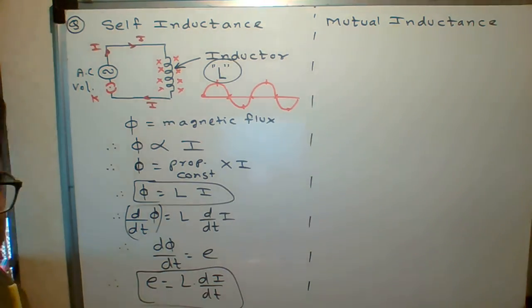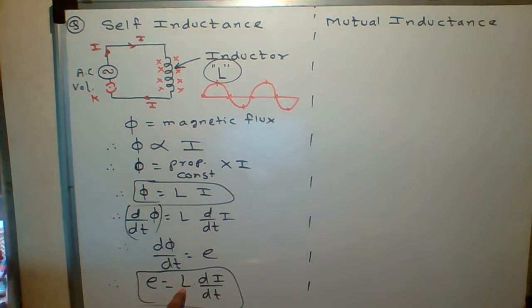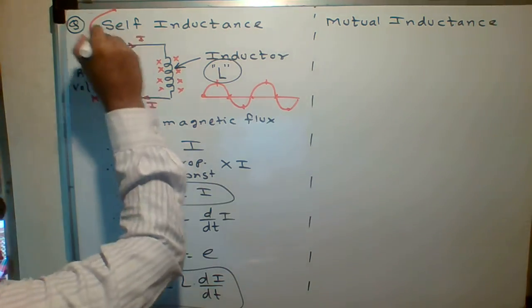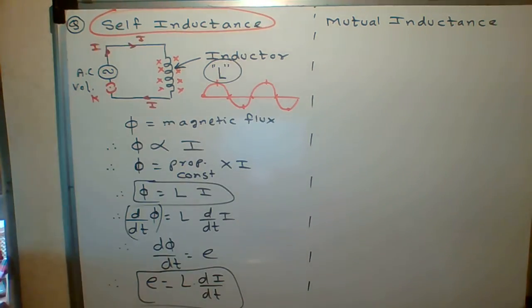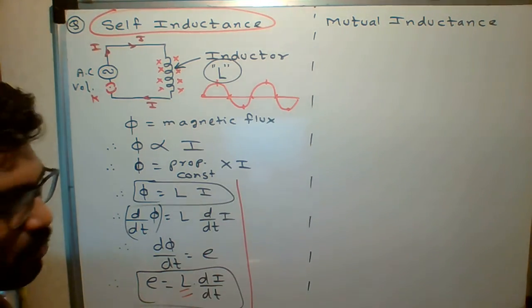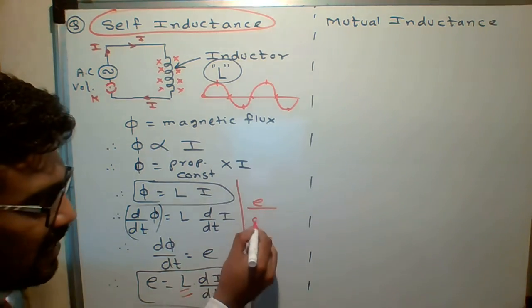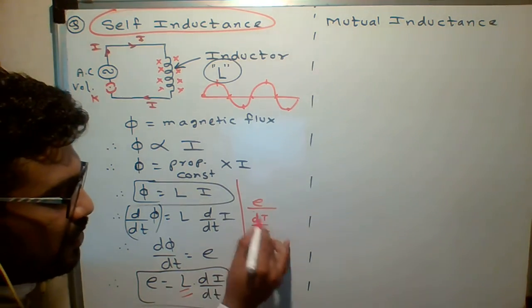Students, in the exam they will ask what is the coefficient of this. L is called the coefficient of self-inductance. In the exam, they will ask you to define L. So what is the definition of L? It is E upon di by dt.